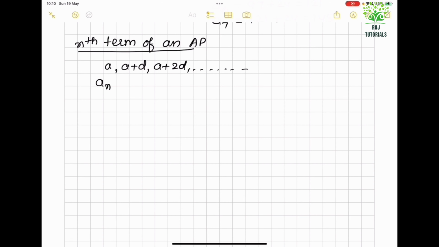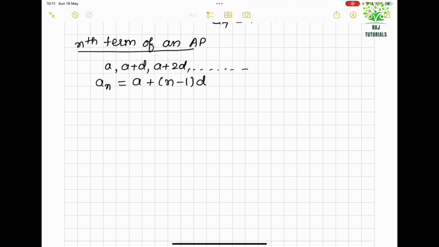N is the term which I want. Suppose if I want the 5th term, I have to put A5. If I want the 50th term, I have to put A50. That will be equal to A plus N minus 1 D. I have to multiply D with the N minus 1 and add A to that.